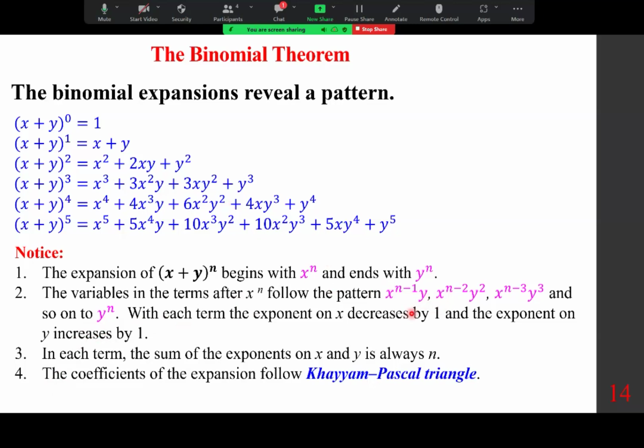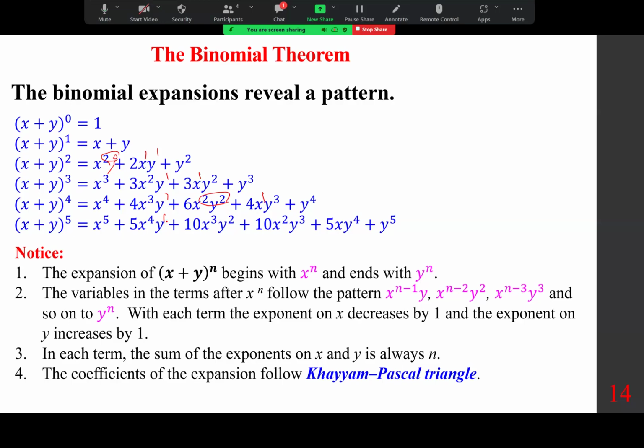Let me just continue, and I'll show you further on that. And so on to y to the power of n. With each term, the exponent on x decreases by 1 and the exponent on y increases by 1. If you look at this one, assume that there is a y here with the exponent 0, and notice 1 and 0 add up to 1, 1 and 1 add up to 2, and so on. 2 and 2, 4. 3 and 1, 4.